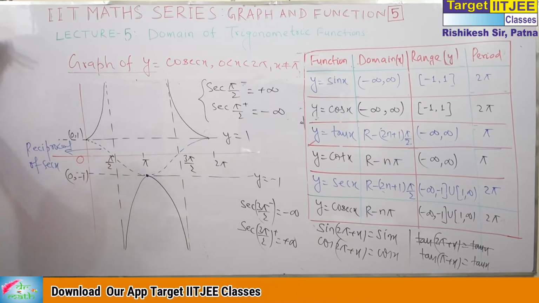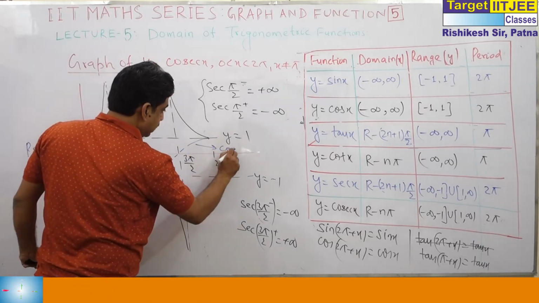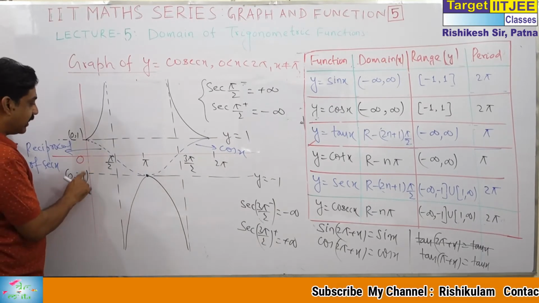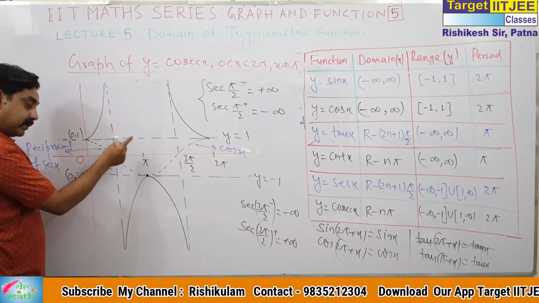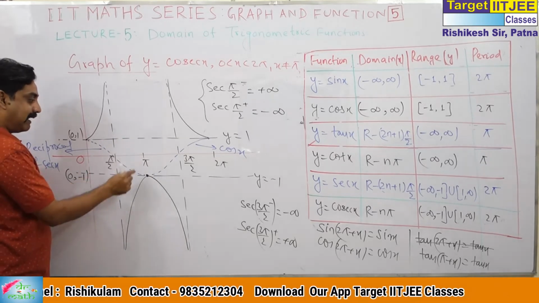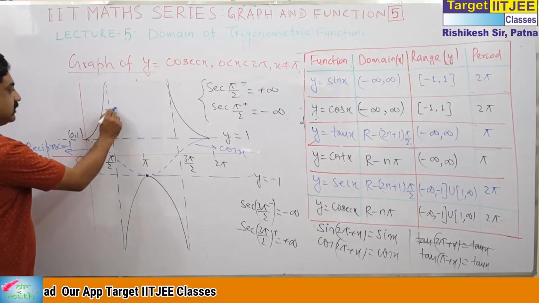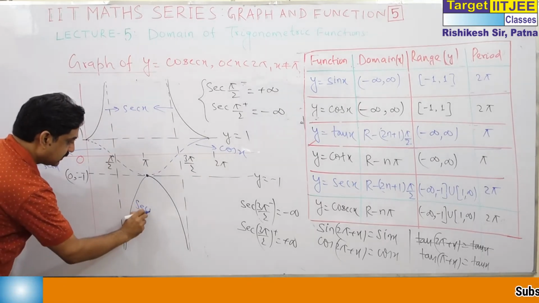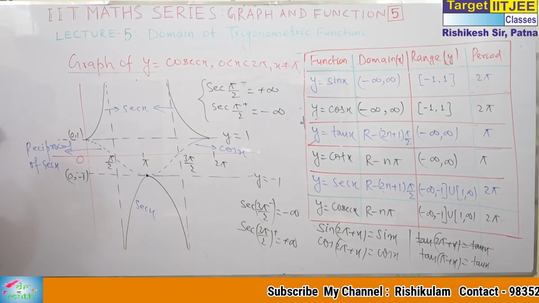This is the graph of cos x. Be careful. The graph of cos x lies between -1 and 1. And due to the reciprocal property, the graph of sec x does not lie between -1 and 1. This is the graph of sec x.